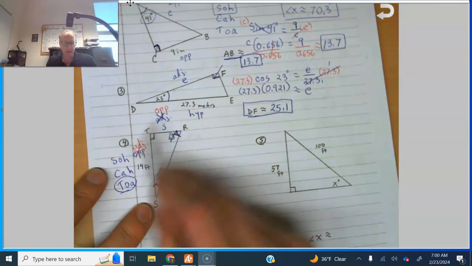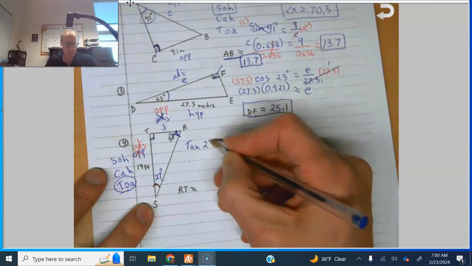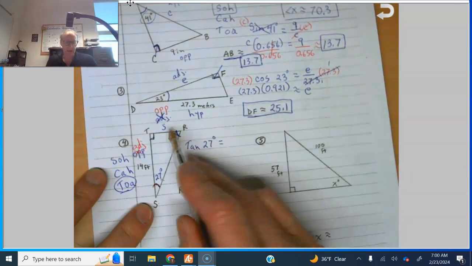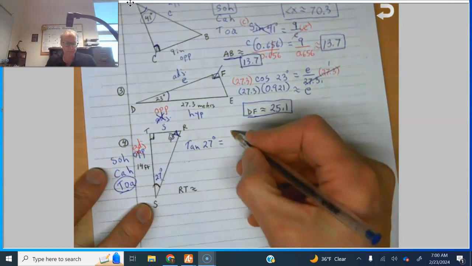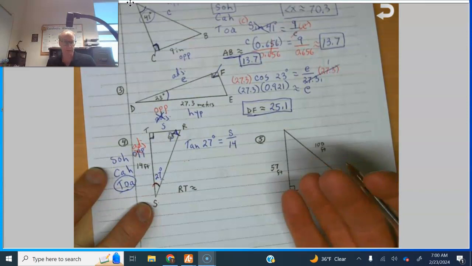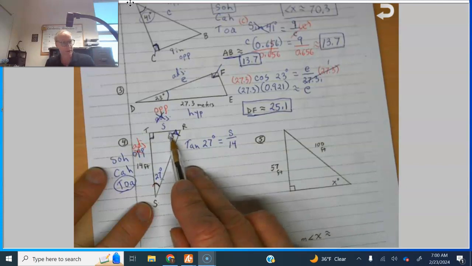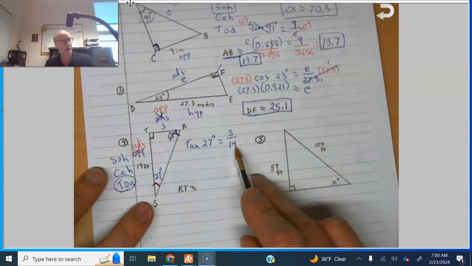I've got tangent of 27 is equal to S over 14. Could I have done it the other way? Certainly. And you're certainly welcome to do it the other direction. I could have used tangent of 63, but then my S would have been in the denominator. Something else to consider.